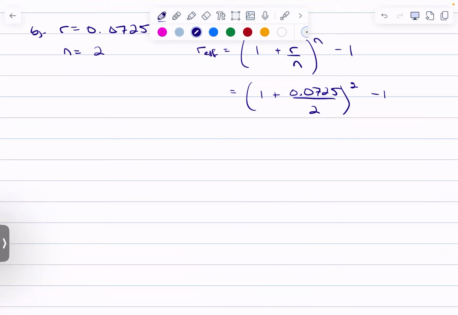This one I'll do like I normally would, to the power of 2 minus 1. Just skip straight to the good stuff. 0.0738140625.